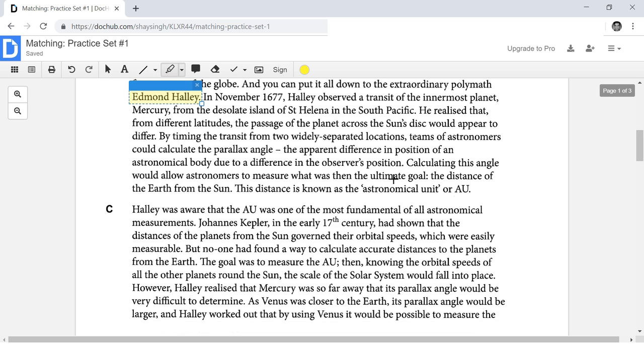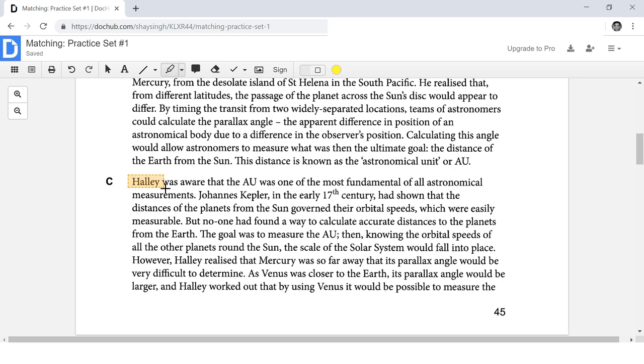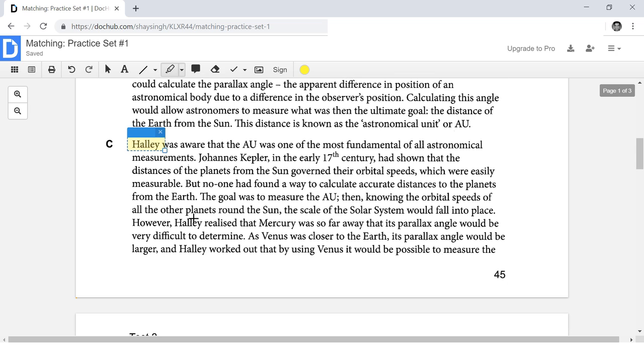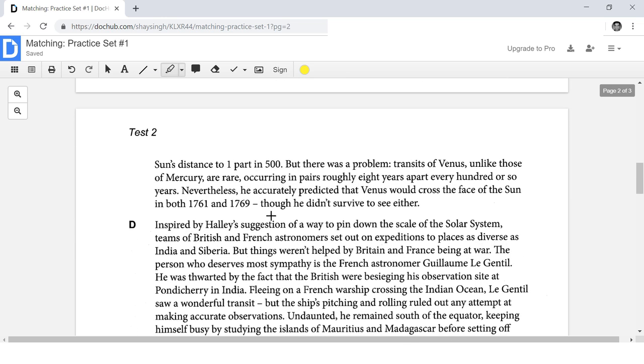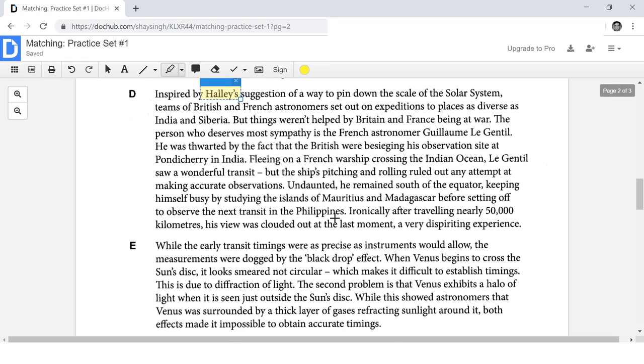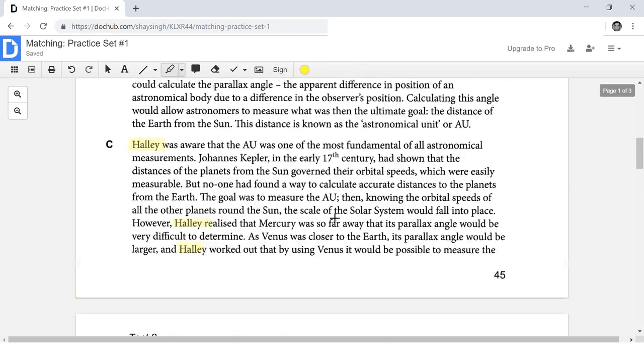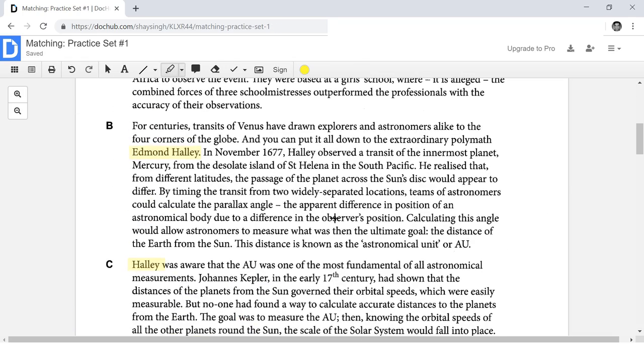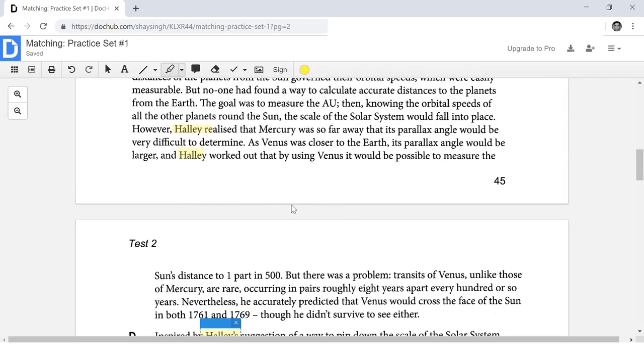I'm gonna scan to see if this name appears again. I do see it appearing here. And then a little bit here. Okay, so it talks about Halley in a bunch of different places. So the word Halley seems to be quite common. I'm seeing this name again and again.